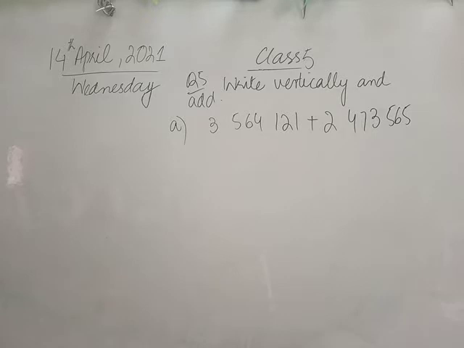Write the numbers into vertical form and then add. So what is vertically? Vertically क्या होता है class? Column wise, and horizontal means row wise. ठीक है? Column wise is vertical and row wise is horizontal. So first of all we will write these numbers into vertical form.